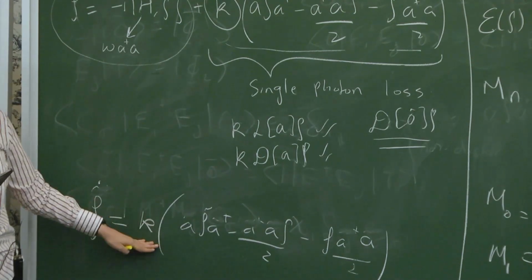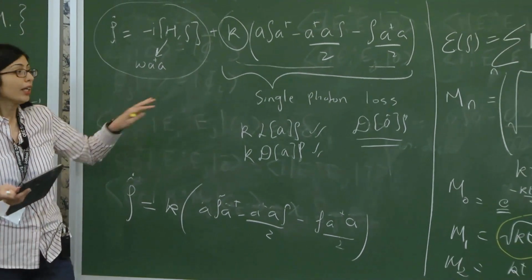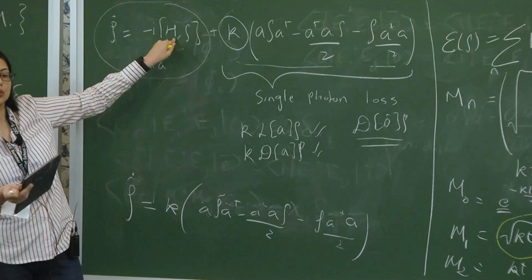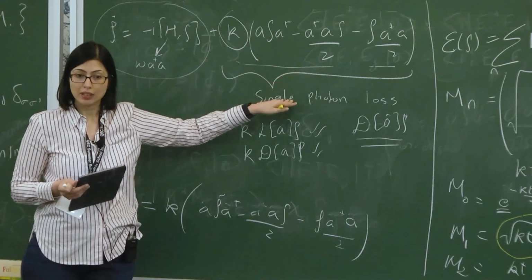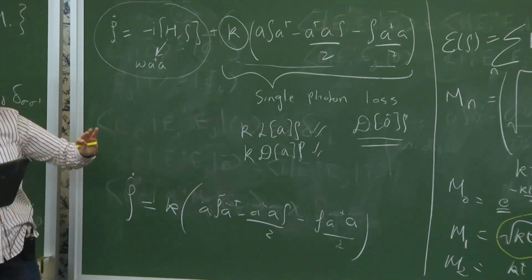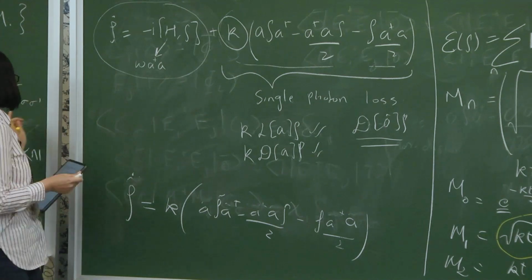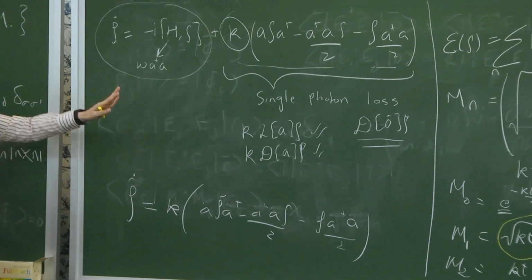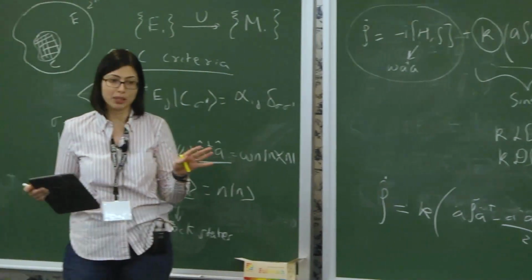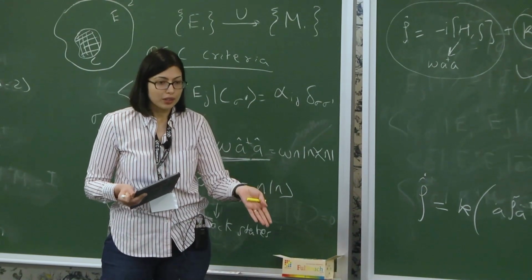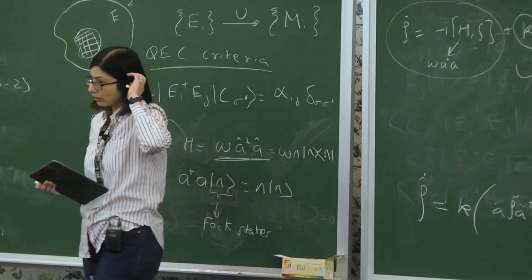If you're given this, then that's your Kraus operators. If you have a more complicated Hamiltonian, then that's not necessarily the Kraus operators you're going to get. This was specifically an oscillator evolving freely. It's completely linear, evolving freely under the Hamiltonian a dagger a. That's when you get those Kraus operators. In general, for more complicated systems, it won't be. I will get to something called a Kerr cat, for example, and in that case, those are not the Kraus operators.